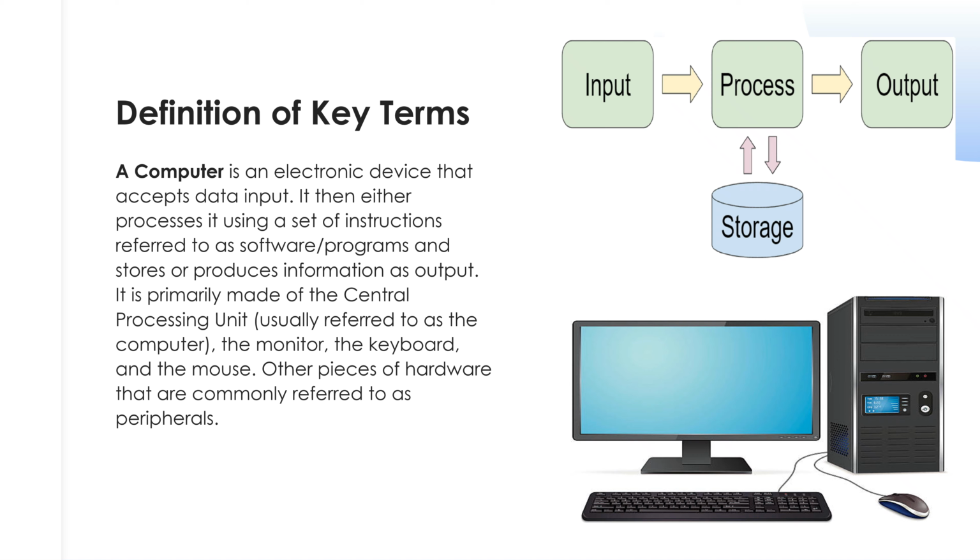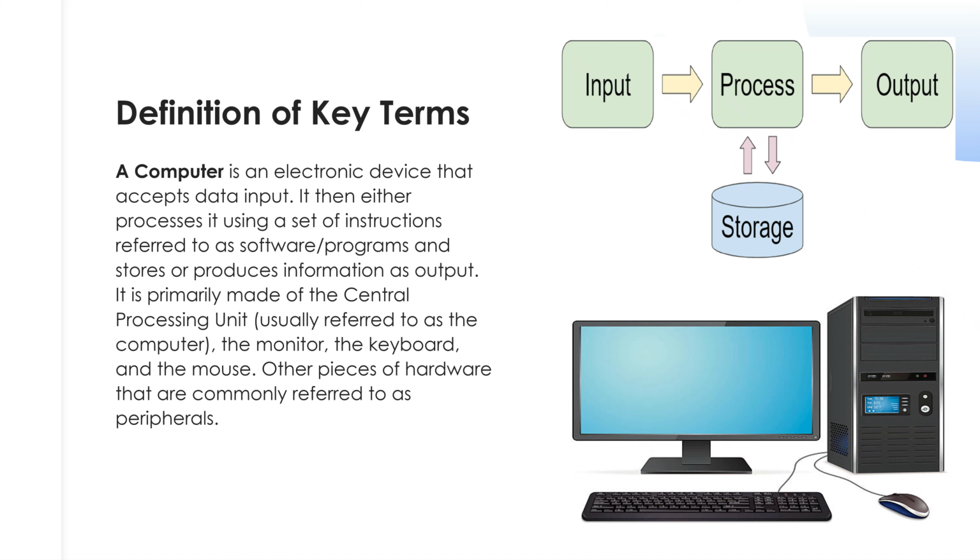From the laptop that you're using in front of you to the ATM where you withdraw cash. Physically, when we say computer, we usually mean the central processing unit. This box that we have here, that's the CPU, or the central processing unit.